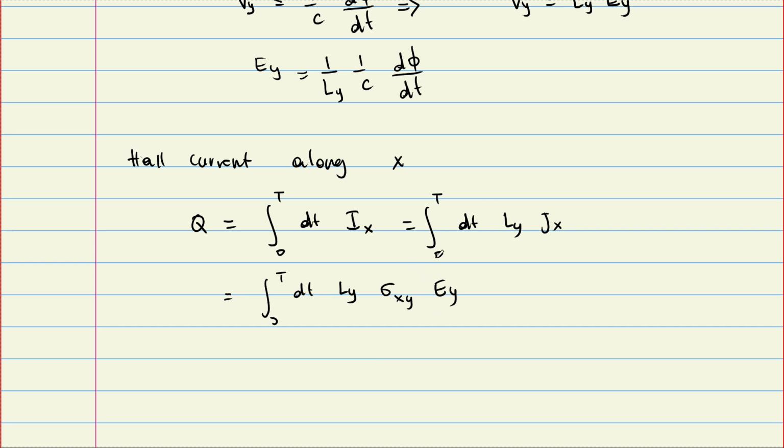And E_y we calculated here. E_y is 1 over c L_y d phi dt. At the end, I can cancel this with that, and I have sigma_xy times 1 over c delta phi, and for delta phi we plug in hc over e.